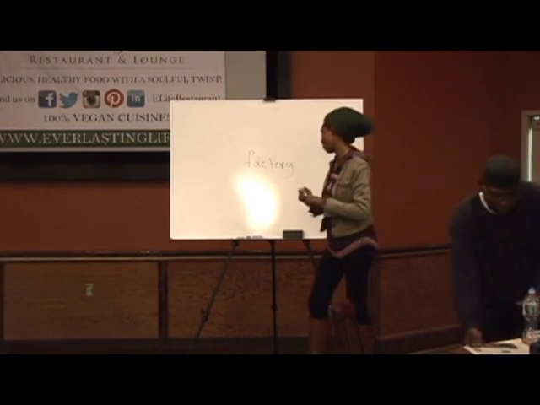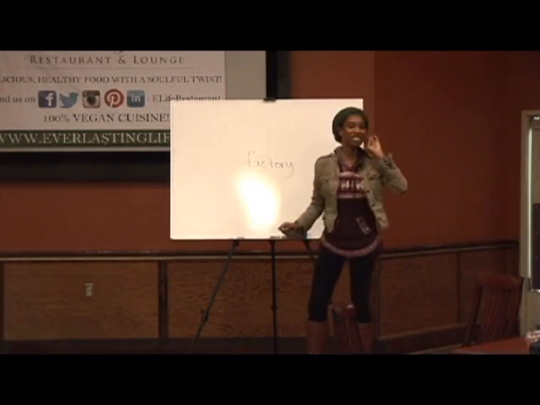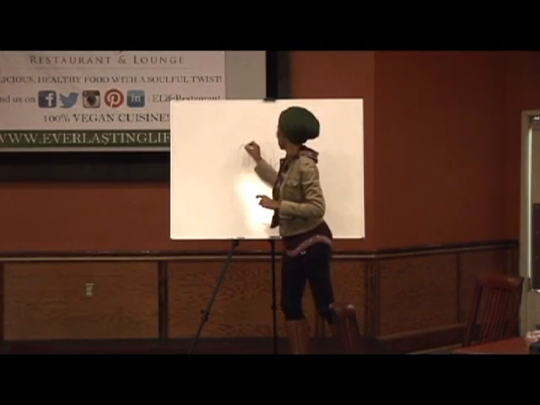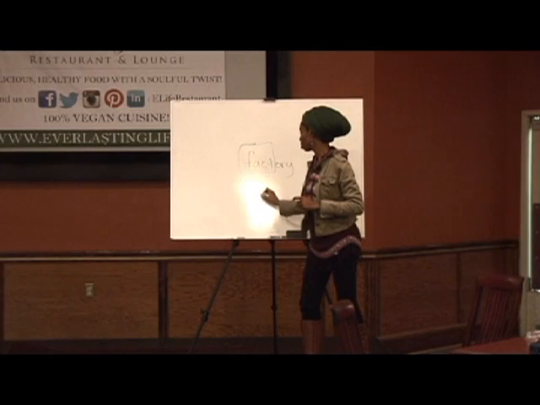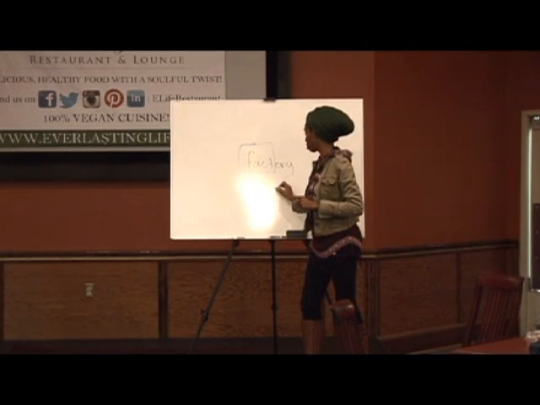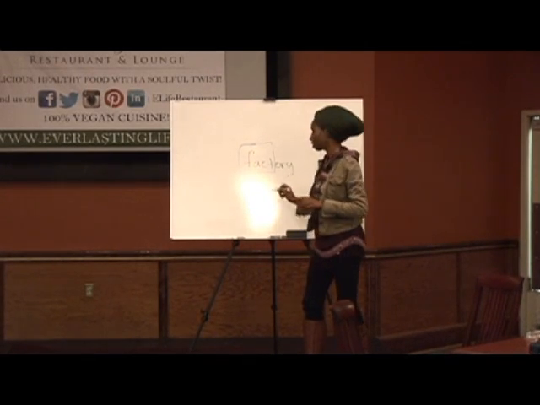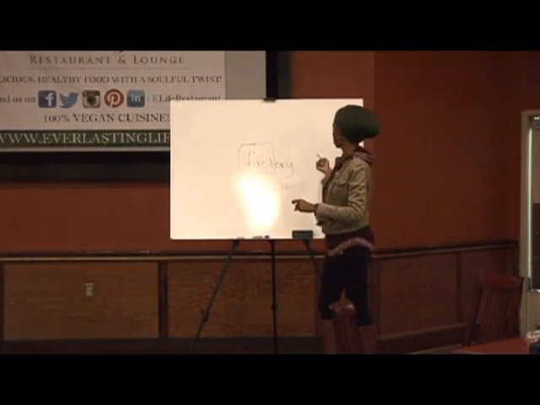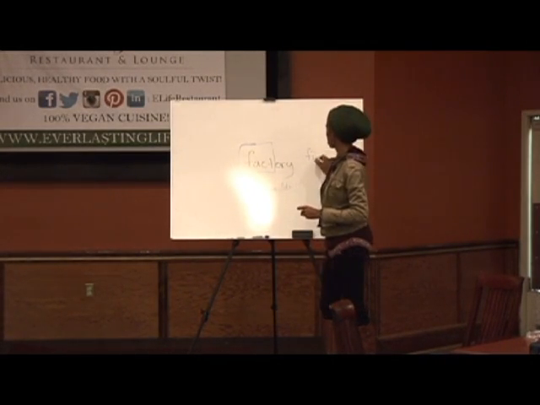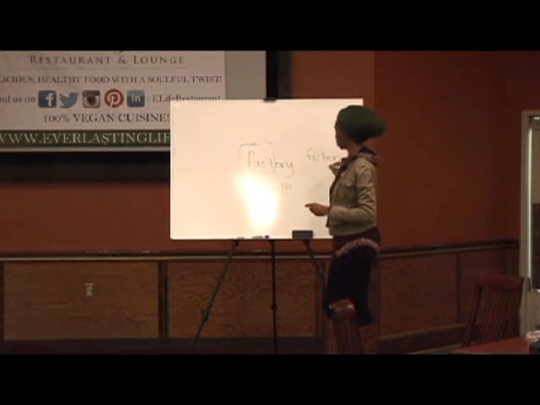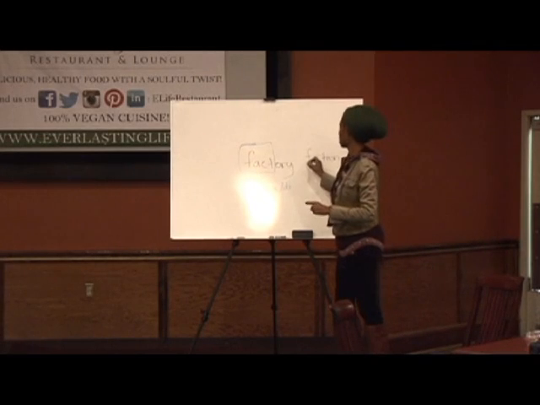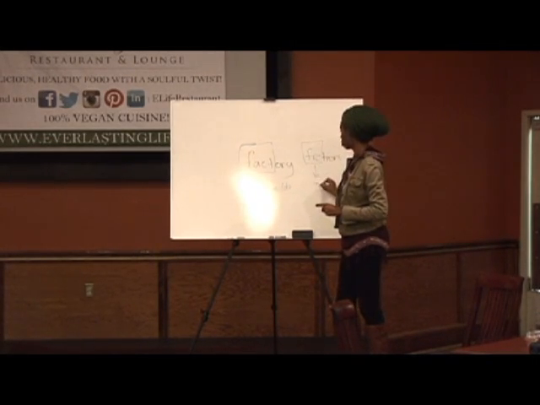Someone said it: fact is correct, which means to make or to do. We also identified that the word fiction has the same root with the same meaning, to make or to do.